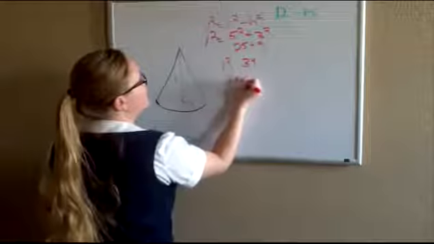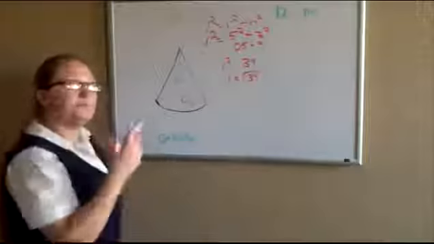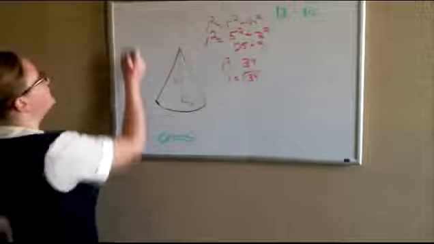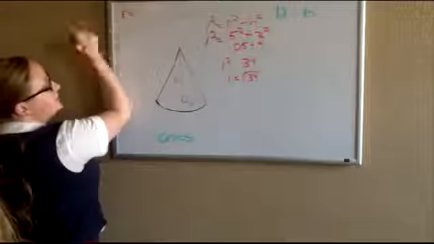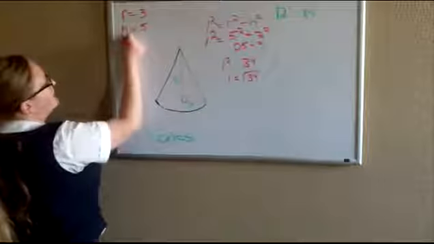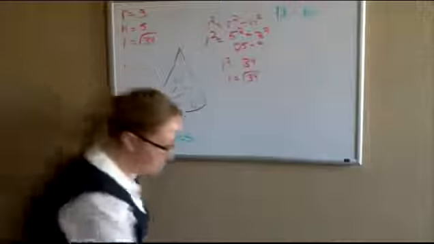So L is equal to square root of 34, okay? Don't forget that as you move into the next problems because you're going to need to use the slant height. Our radius is 3, our height is 5, and our slant height is square root of 34, okay?